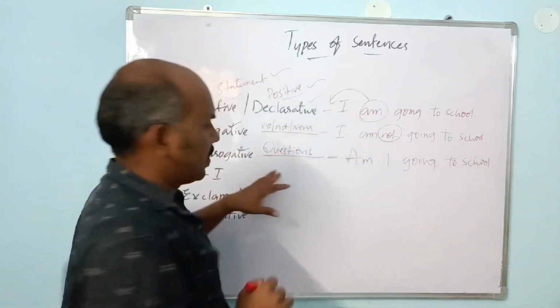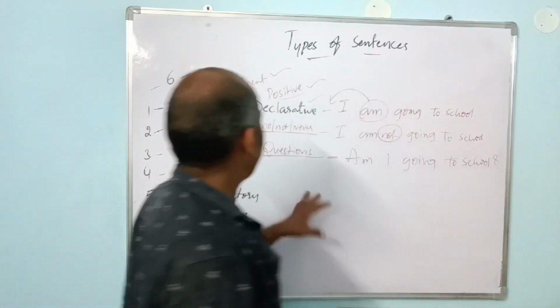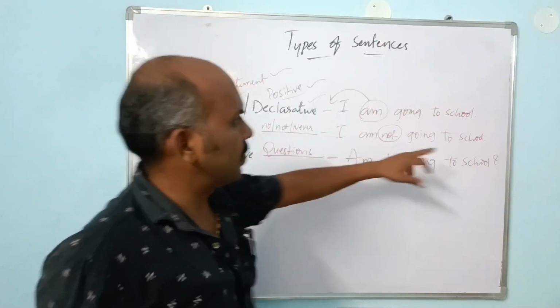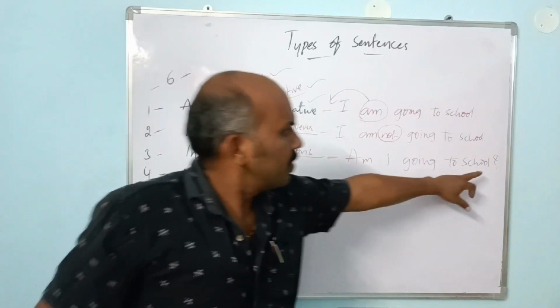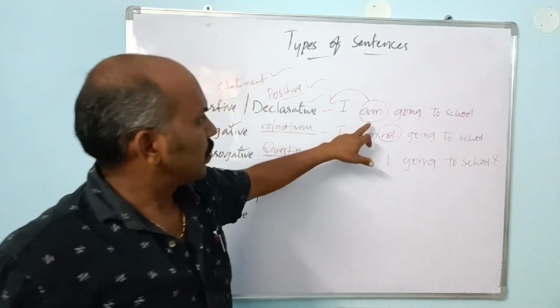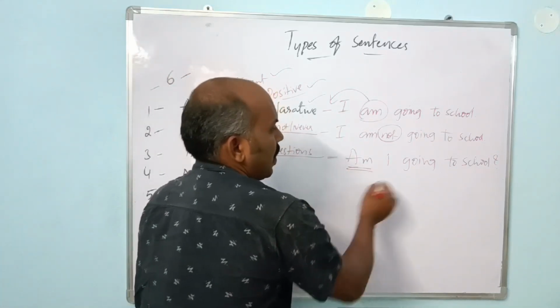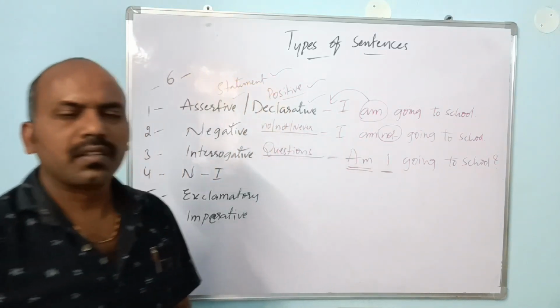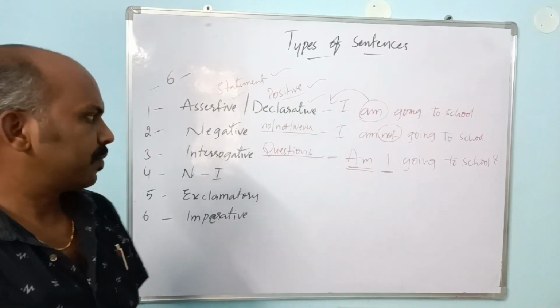Normally, interrogatives, as I said, questions end with a question mark, whereas statements and negatives end with a full stop. Also the auxiliary comes before the subject, here am, and the subject comes after the auxiliary. It is a simple way to prepare questions.